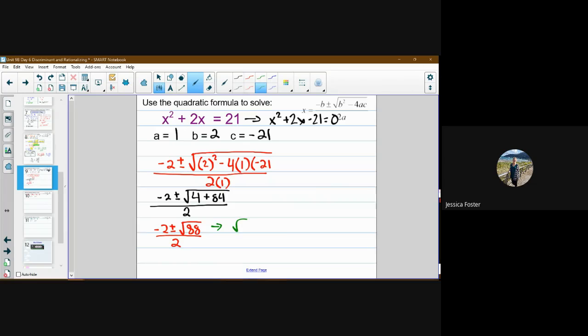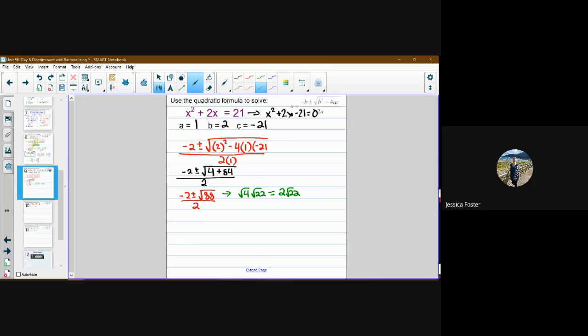So I've got the square root of 4 times the square root of 22. 4 times 22 is 88. I can simplify this to be 2 the square root of 22. So I will rewrite my problem now using 2 the square root of 22 instead of the square root of 88. So I have negative 2 plus or minus 2 the square root of 22 all divided by 2.